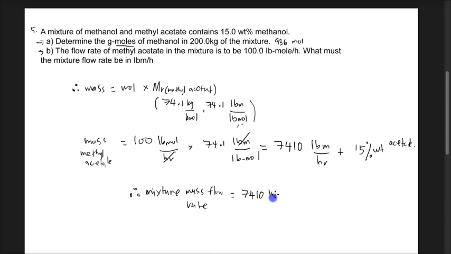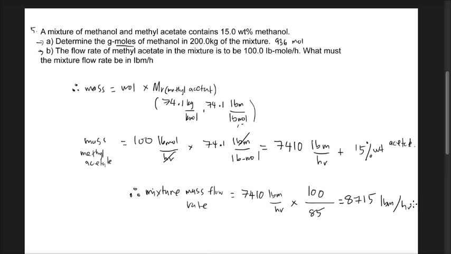7,410 per hour, and we divide it by 85% because this is 85%, and we times it by 100 to get the total amount. So the value will be about 8,715 lbm per hour.